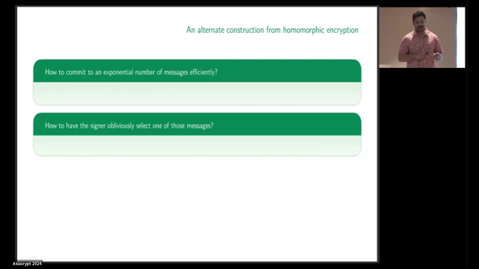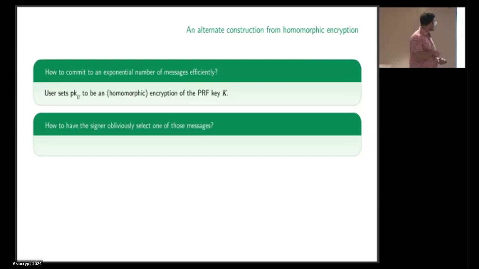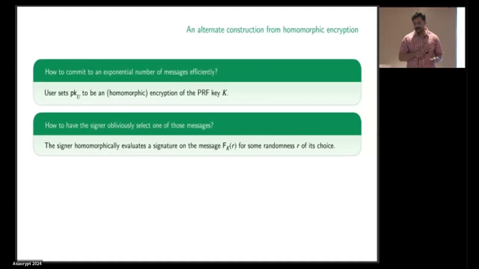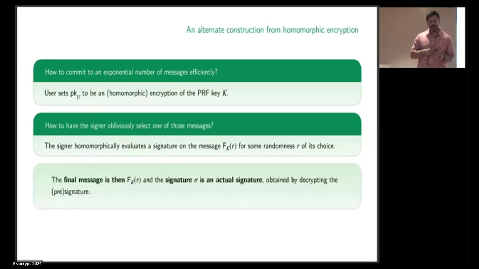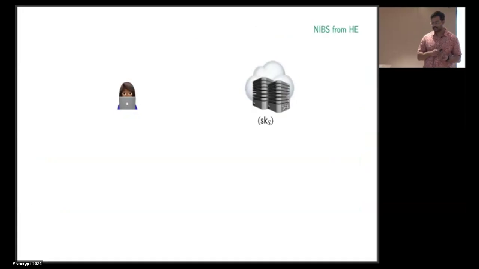The way we do this is, first, we set the user's public key to be the encryption of a PRF key. Then the signer simply homomorphically evaluates a signature on the message PRF of R for some chosen R. The final message is just the PRF evaluation of R, and the signature is an actual signature, which the user can decrypt using the secret key.